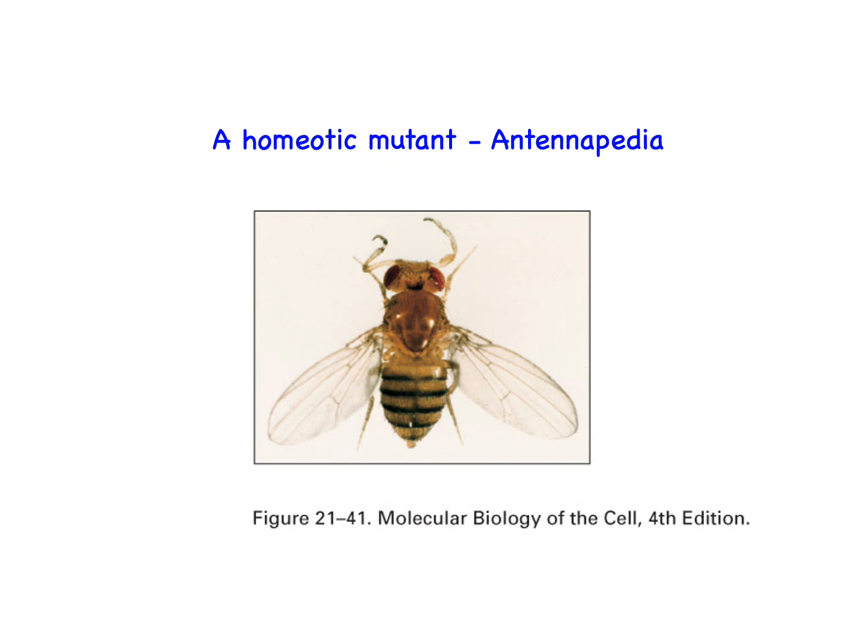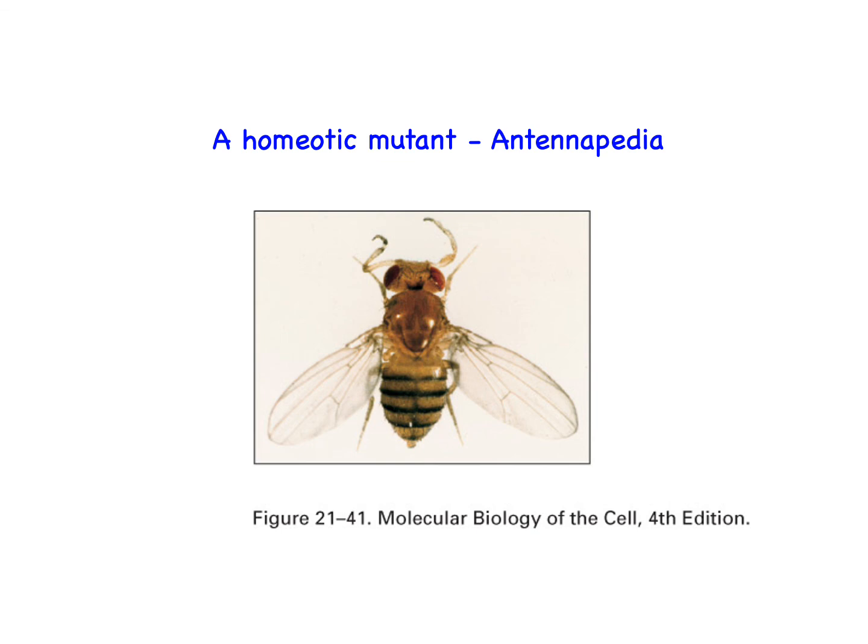I've shown you this picture before of a fly with legs growing out of its head instead of antennae. This is a homeotic mutation where the Antennapedia gene, a gene that is expressed in the thorax of the fly and involved in delineating tissues in the thorax, is expressed in the head as well.